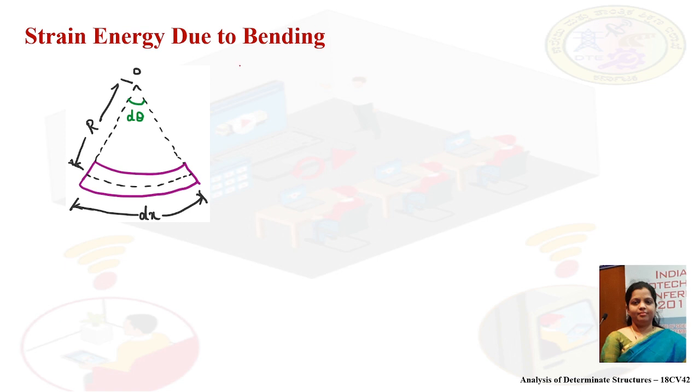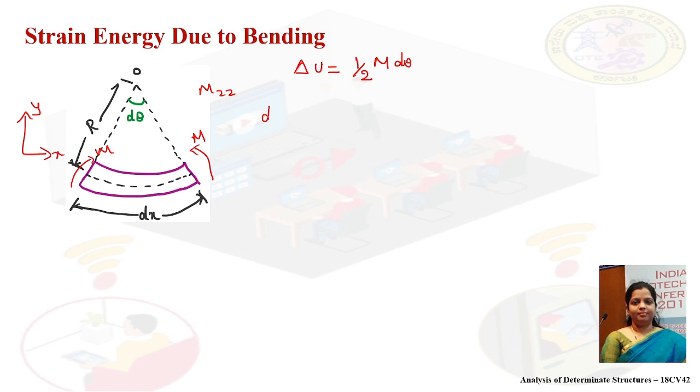Now considering the diagram, let us compute the value of d theta. The strain energy of the small element can be computed as half into, here we are considering bending, the moment M created in this pattern. This is the Mzz value if we consider x and y in this direction. So delta U will be equal to half into M into d theta. From the figure, d theta can be computed.